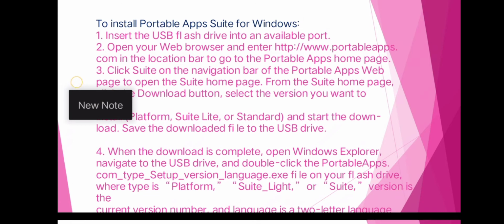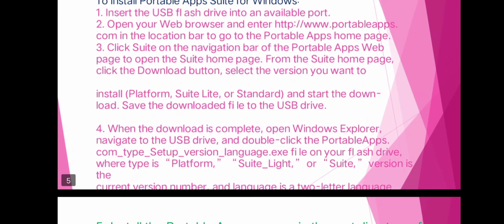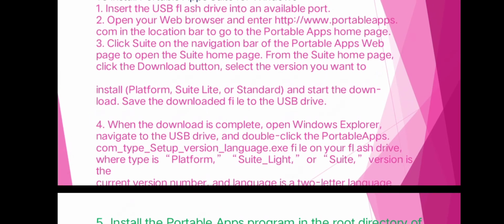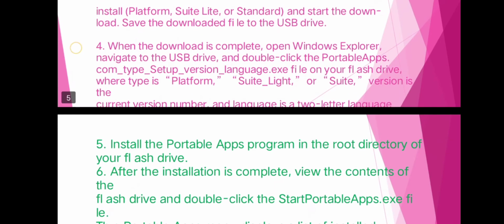4. When the download is complete, open Windows Explorer, navigate to the USB drive, and double-click the PortableApps file. The file is named PortableApps type setup version language .exe, where type is Platform, Suite, Lite, or Standard, version is the current version number, and language is a two-letter language code. 5.